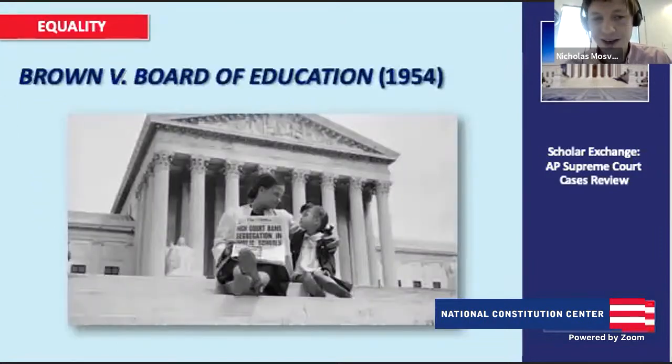Yeah, I mean, it is hard because we frequently spend a lot of time on it because we do the history beforehand to fully comprehend how we even get to Brown. But we do that in a lot of other classes. I think the key there, right, is that under the 14th Amendment's Equal Protection Clause, the court unanimously overrules Plessy versus Ferguson and says separate but equal is inherently unequal, right?